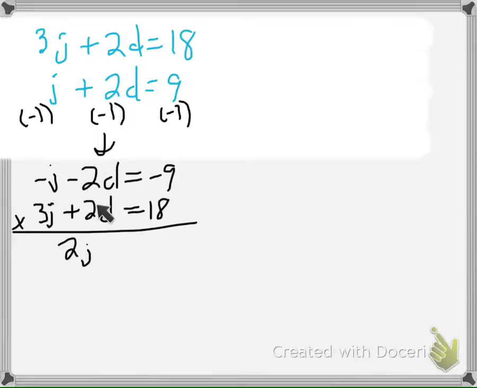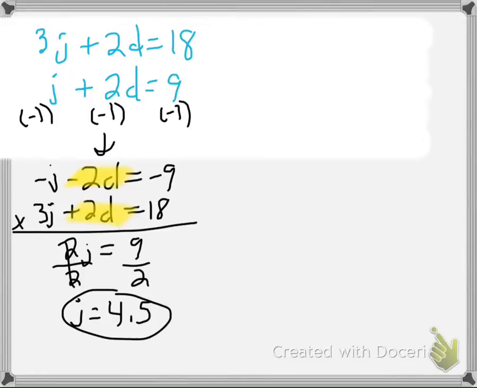The D's cancel out, -2D plus 2D cancels out. And then -9 plus 18 is 9. Now I have to divide by 2 on both sides, and I get J equals $4.50. So the jambalaya is $4.50.